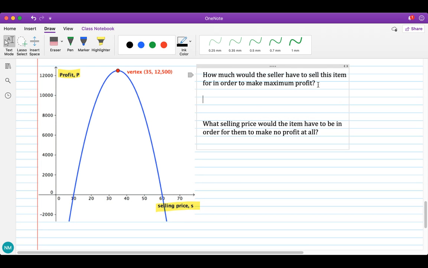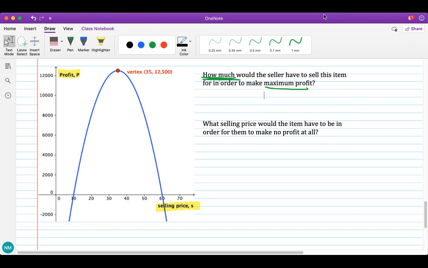Now, this one's a little bit harder because both of these are in money, right? It's a selling price and a profit price. Both of them are dollars. So you have to really look at the context. How much would the seller have to sell this item for? Selling price. To make maximum profit.